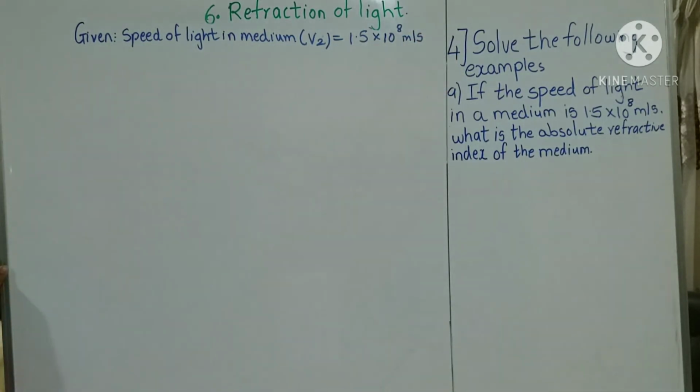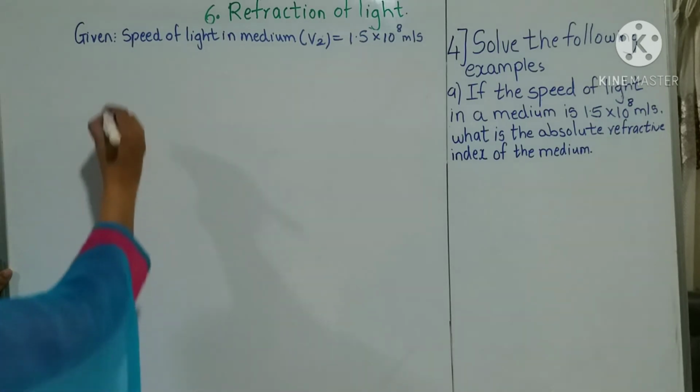Now you know over here the first medium is vacuum and the velocity of light in vacuum is 3 into 10 raised to 8 meter per second. Sometimes this value will be given in the question, sometimes it will not be given. So you have to remember this value.